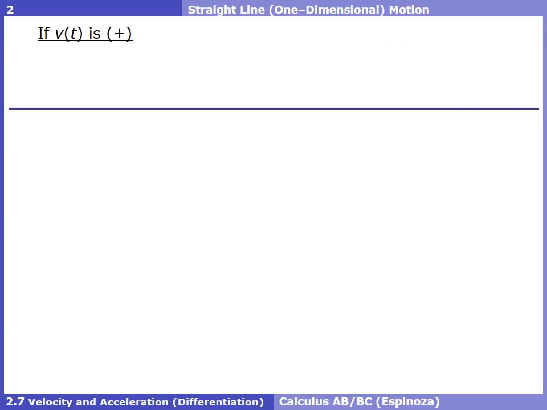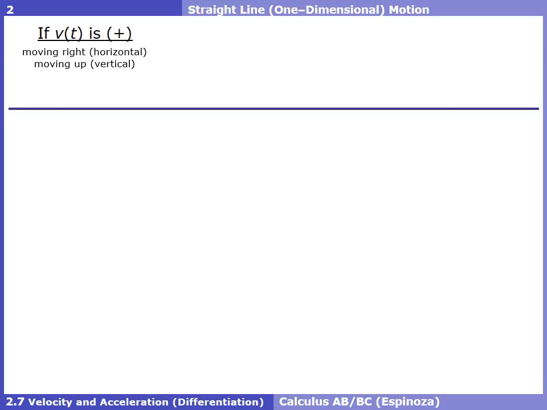Okay, so let's keep our discussion going with this idea of moving in one dimension. Again, we're going to be moving on straight lines, and that's usually along the x-axis. So how do we define velocity being positive? Well, if you ever see velocity being positive, you're going to know that your object, your particle, whatever the problem's talking about, is moving to the right.